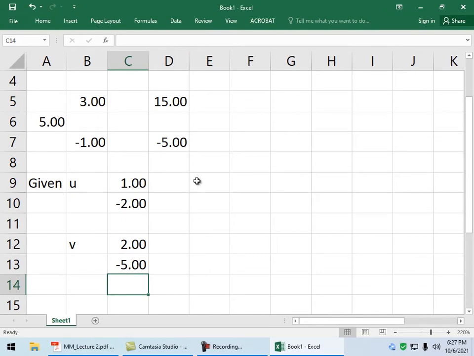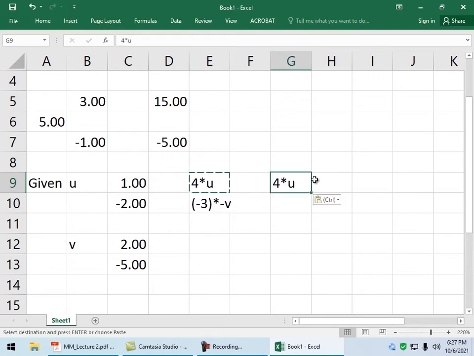So let's compute 4 times u, then let's compute -3 as a scalar times v, and sum these values together.